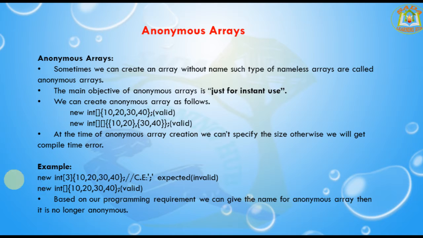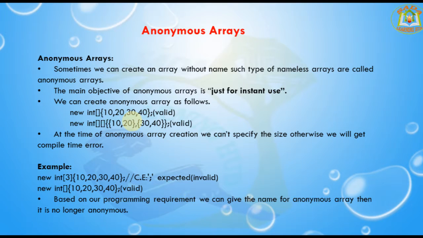See here, we are not creating a variable. We are just creating it without a variable, like new int array of this. This is valid, and this is a multidimensional one. At the time of anonymous array creation, we can't specify the size, otherwise we will get a compile time error.